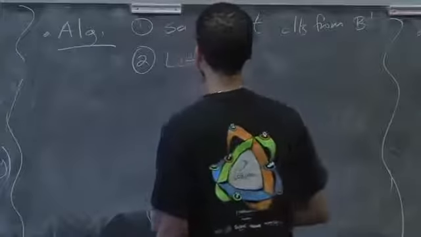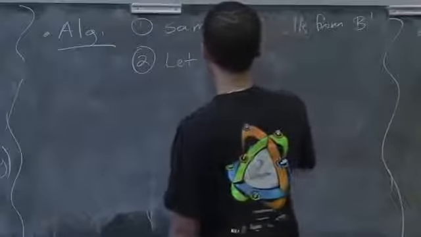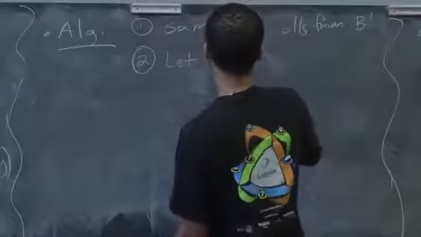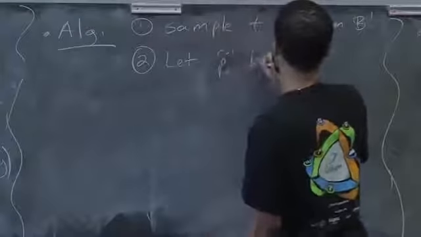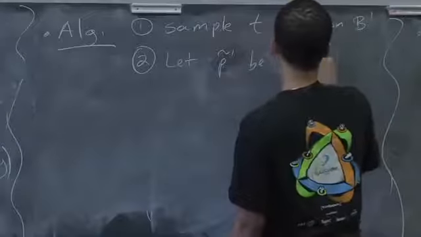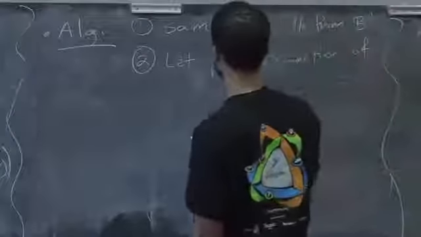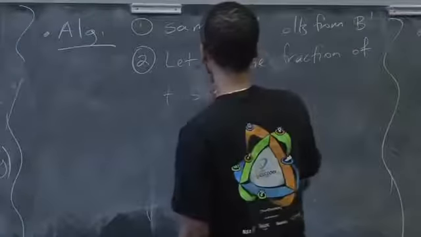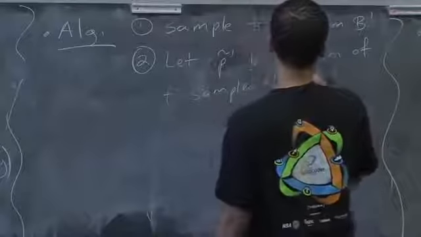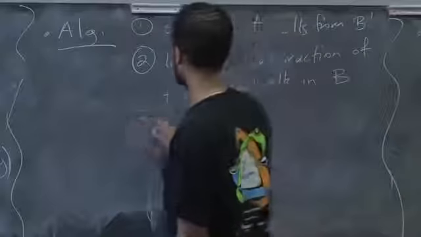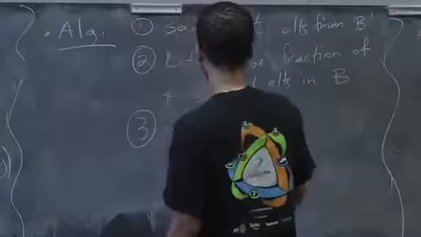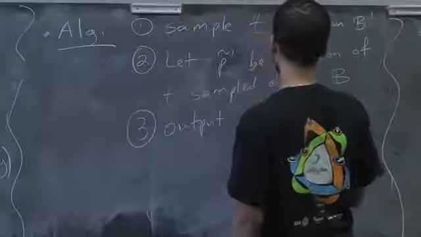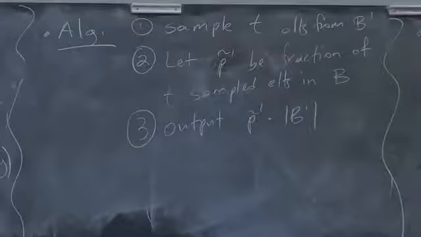Let p prime tilde be the fraction of the t sampled elements that are actually in B. And then we output p prime tilde times the size of B prime. Are there questions about what the algorithm is?